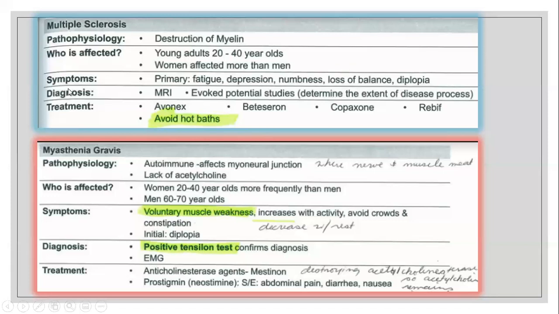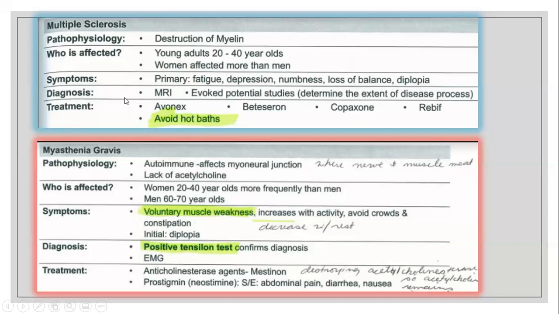And how do we diagnose it? We diagnose by magnetic resonance imaging, or MRI. This condition can be diagnosed by clinical history and examination by an experienced neurologist. Multiple tests are needed to confirm the diagnosis, right?